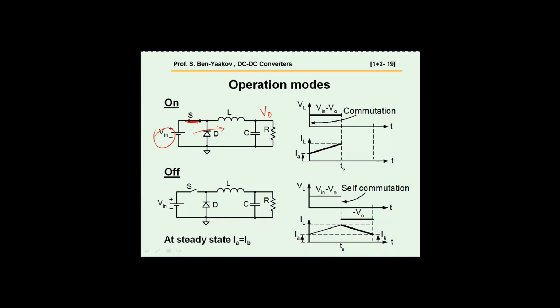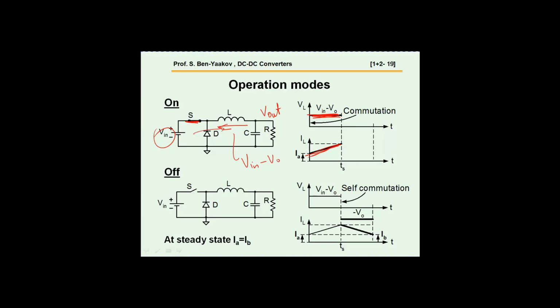This is V-out. So the voltage on the inductor is actually V-in minus V-out. Consequently, the inductor current will go up linearly because V-in is constant, V-out is sort of constant, and then we have a linear slope here.